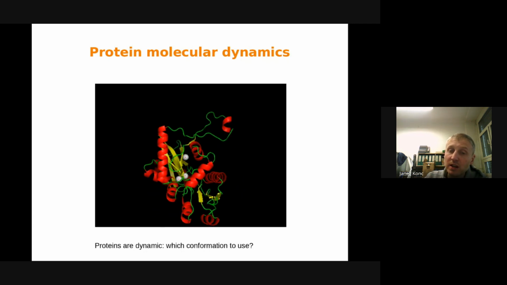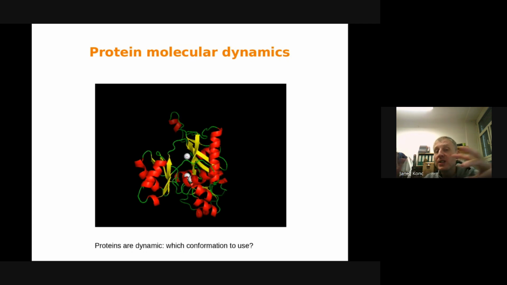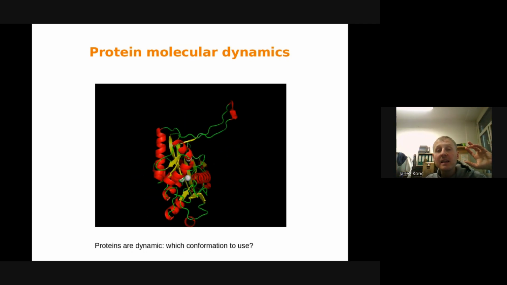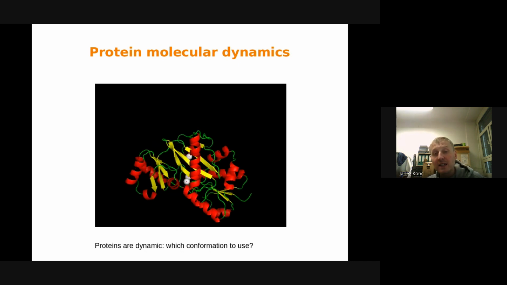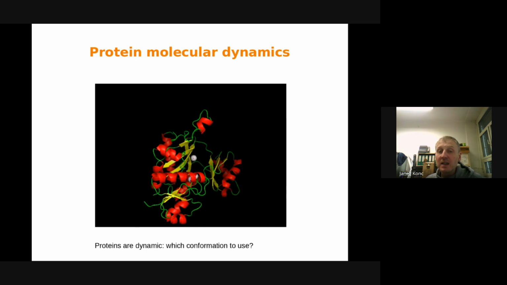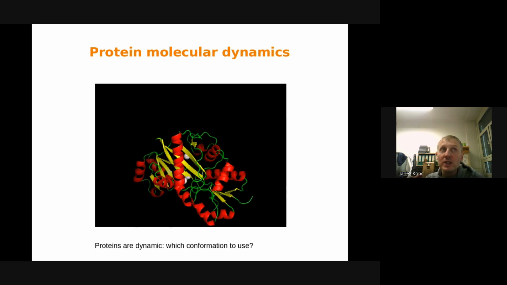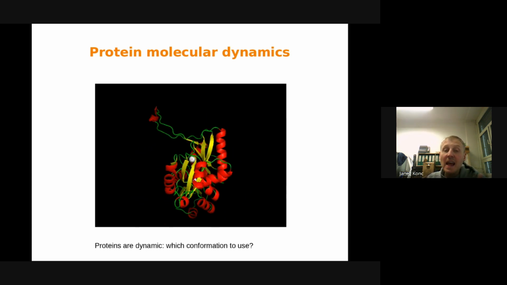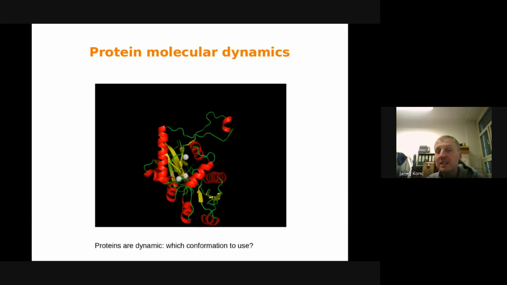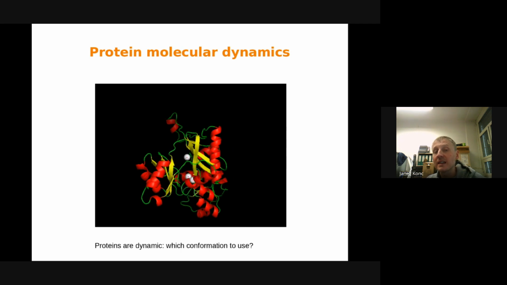We can simulate how a protein moves, breathes, opens up, closes back again. Now, instead of having simplified the problem, we have actually made it more difficult to select which structure we are going to use for drug discovery.